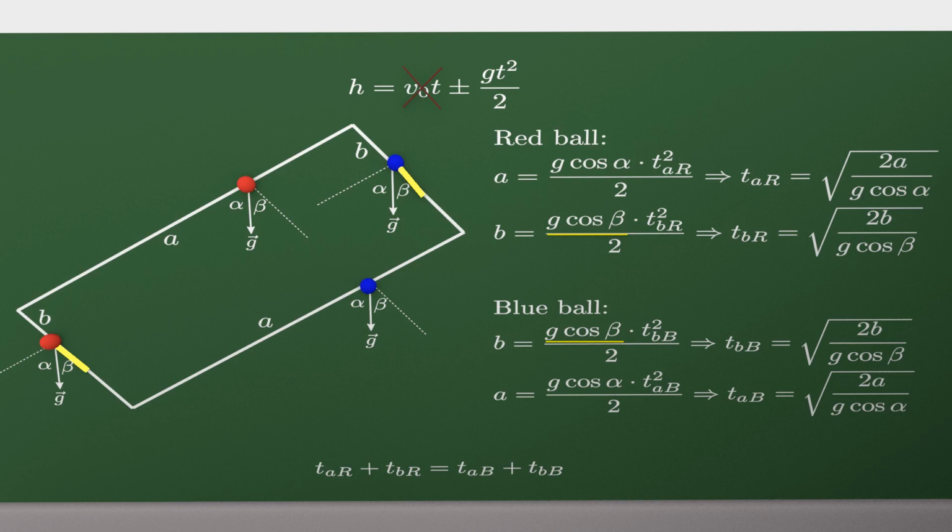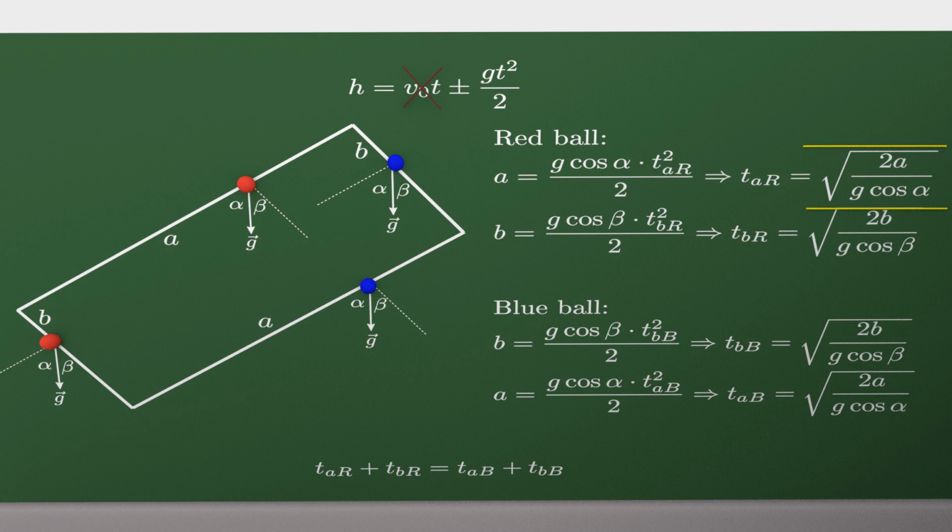Okay, red particle. According to the general equation, the red particle will cross distance A like g cosine alpha times the time for the red particle squared over 2, equals A. From this, we can express t, which is equal to this square root.